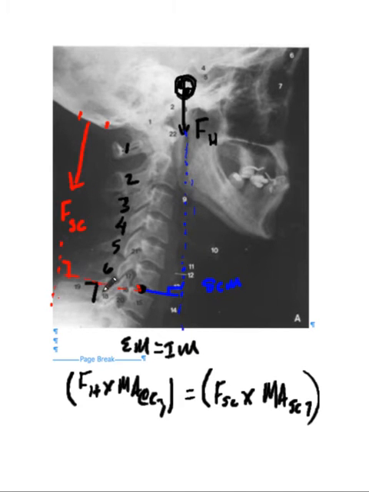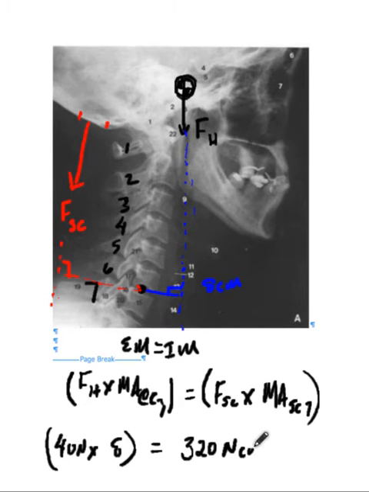Okay, and so if we plug it in, the weight of the head is around 40 newtons, so we can put 40 newtons times a moment arm of 8 centimeters. For now, we're just going to focus on the external moment and project out what we think the internal forces change. And so this gives us a total of 320 newtons per centimeter.